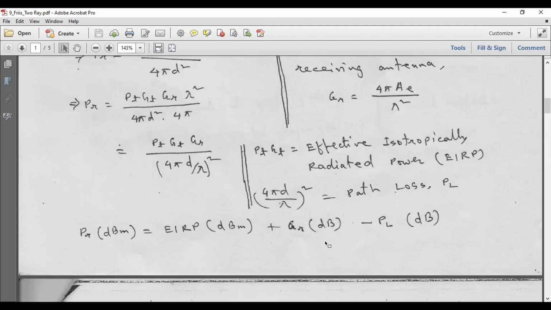For the rest, what is the reference point for GR and PL? In fact, for all of them, that 1 milliwatt is the reference, because the whole thing is actually combined, but you are showing them separately.